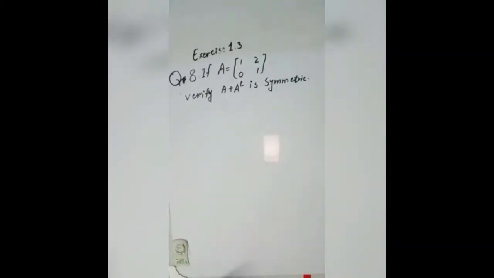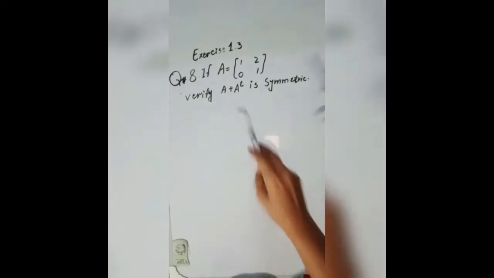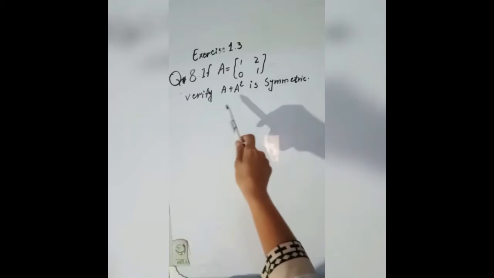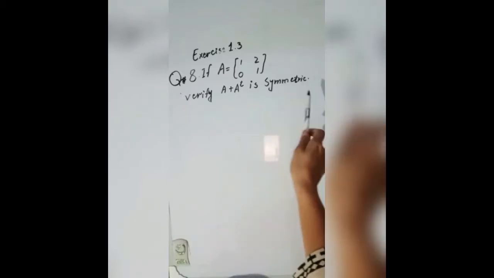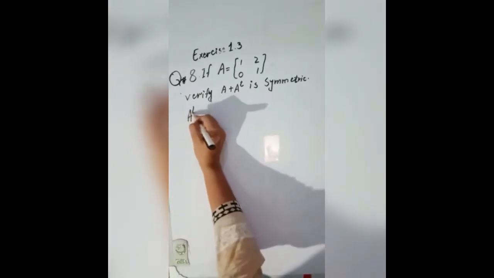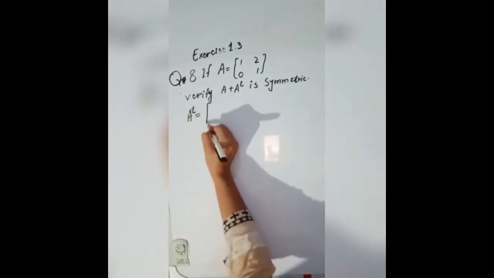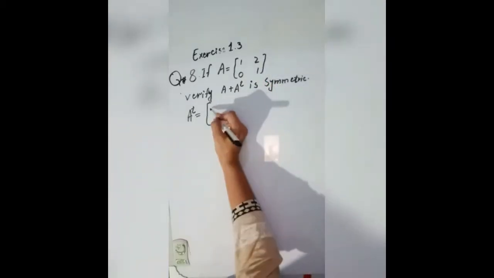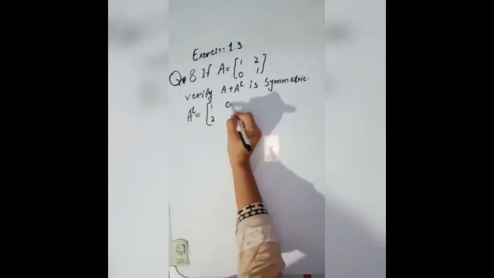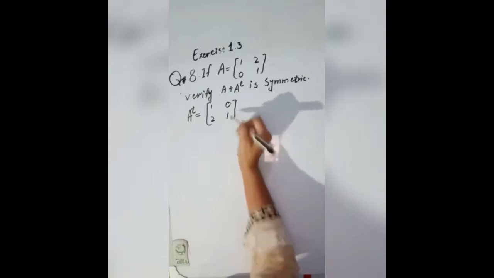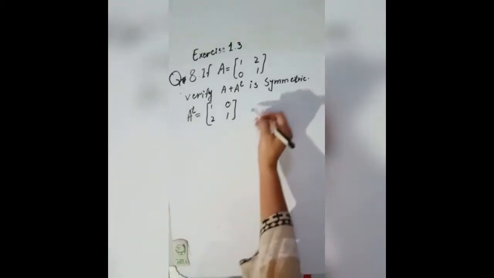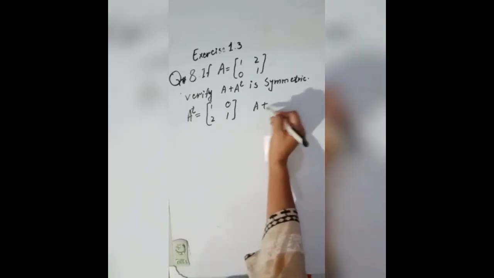In question number 8, one matrix is given, A matrix, and we have to verify A plus A transpose is symmetric. So first we have to find A transpose. A transpose is what? We have to convert the rows of A into columns of A. So here we got A transpose. Now we have to find A plus A transpose.